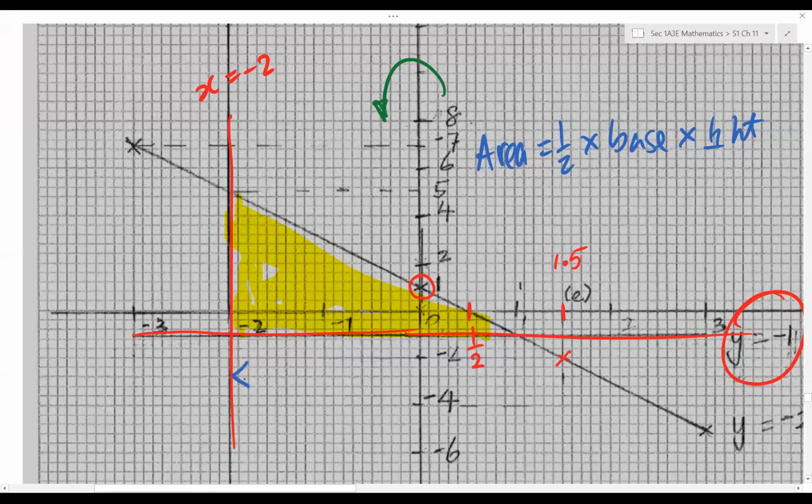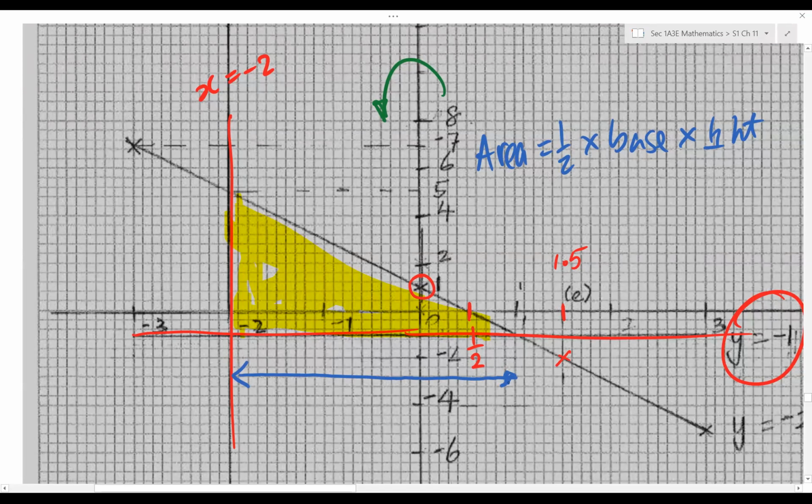The base is from block -2 all the way to block 1, depending on how you interpret it. Some students will see from -2 to 1, oh, that's 3 units. But some people have a weird misconception that 1 cm is 1 unit.